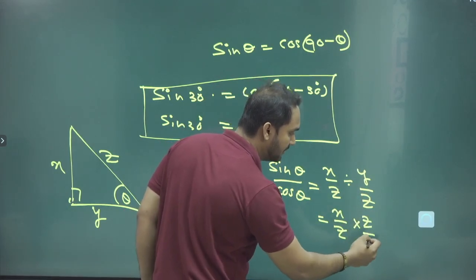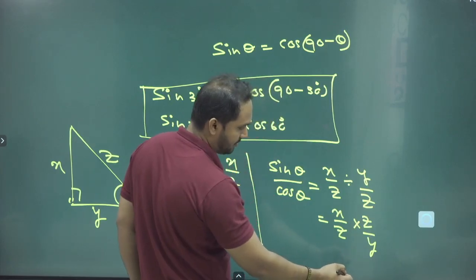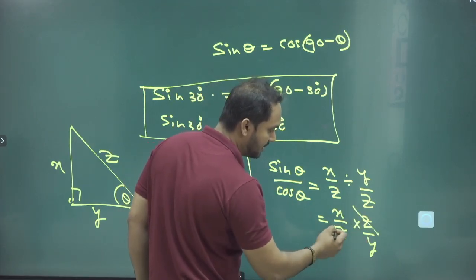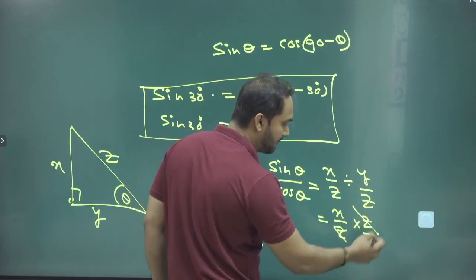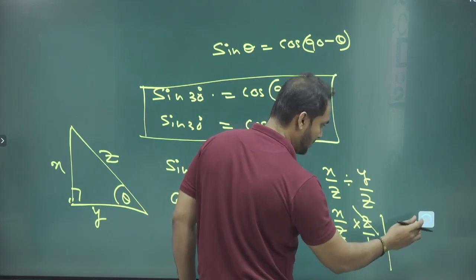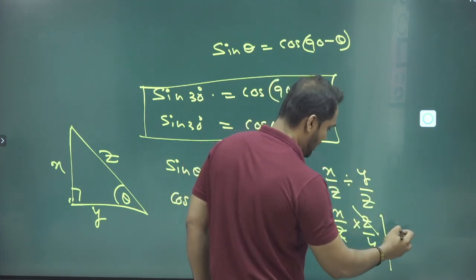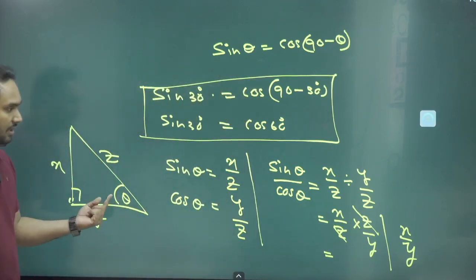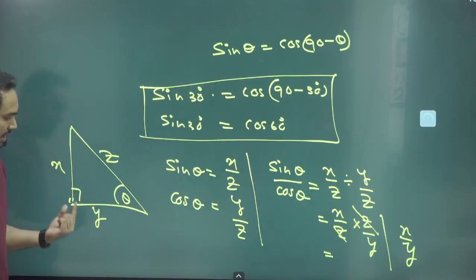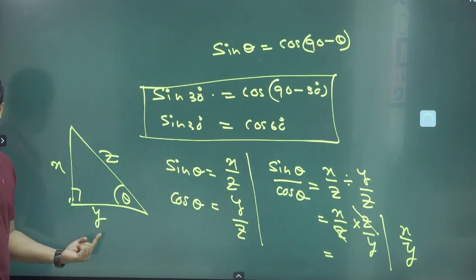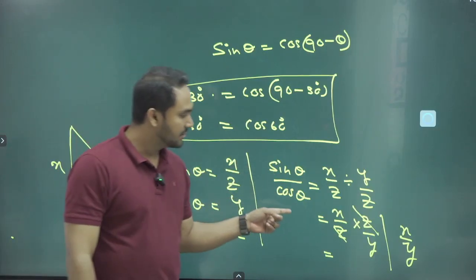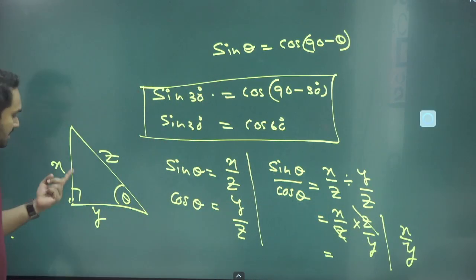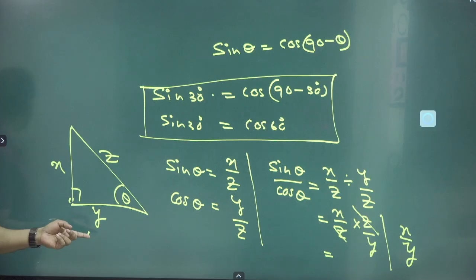That will be z over y. So what happens to the z? It cancels out, gives a final answer x over y. That is what? Of this theta, x is opposite and y is adjacent. So sin theta over cos theta gave the opposite over adjacent value of this theta, which is tan theta, right?